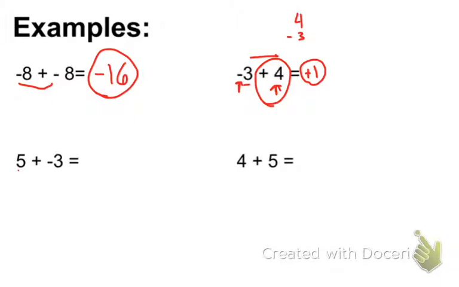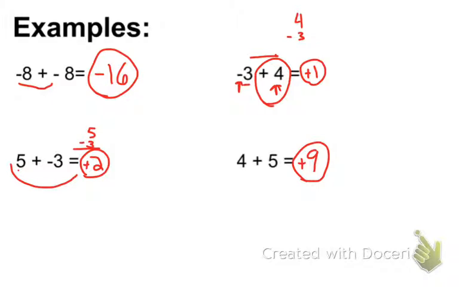Now, 5 plus negative 3. They have different signs, so I subtract. I'm going to do 5 minus 3. I get 2. The 5 is larger, so it's going to be a positive 2. And 4 plus 5. Well, they're both positive, so I add, and I get positive 9.